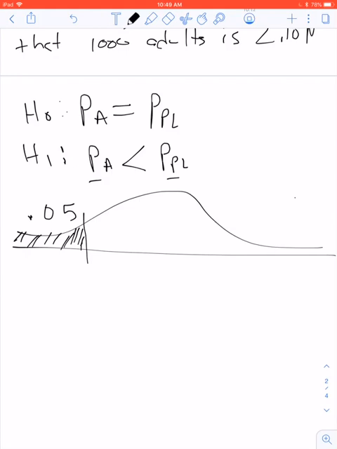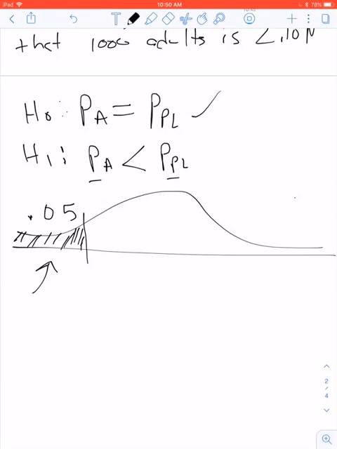So any test statistic resulting in me landing over here in this bottom 5% of test statistics on the sampling distribution is going to result in me rejecting H0 and saying, nah, the proportion of people who are taking aspirin and getting cancer is so much lower than the proportion of people taking the placebo and getting cancer that it's just not reasonable to assume that these two proportions are the same, and we're going to reject H0.